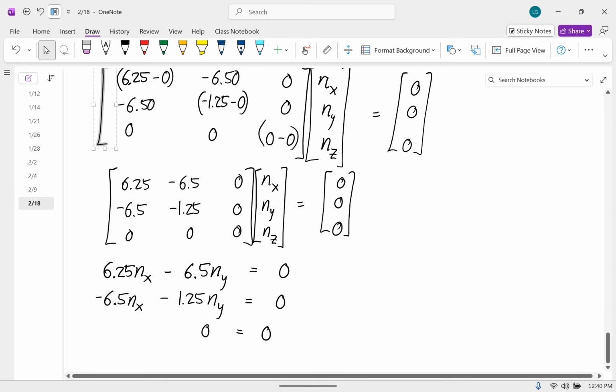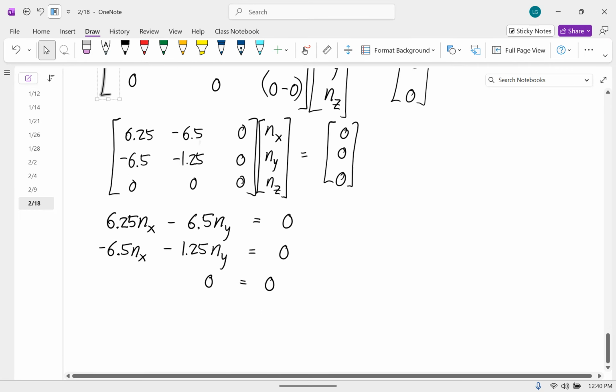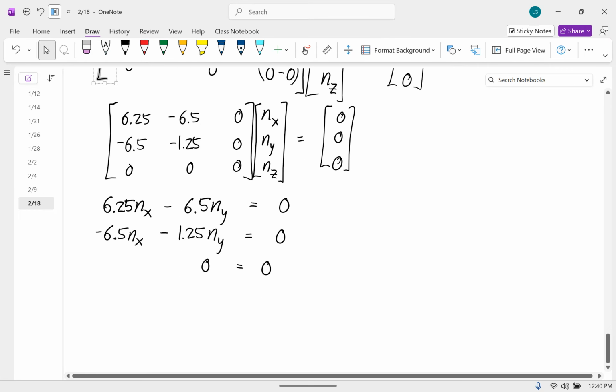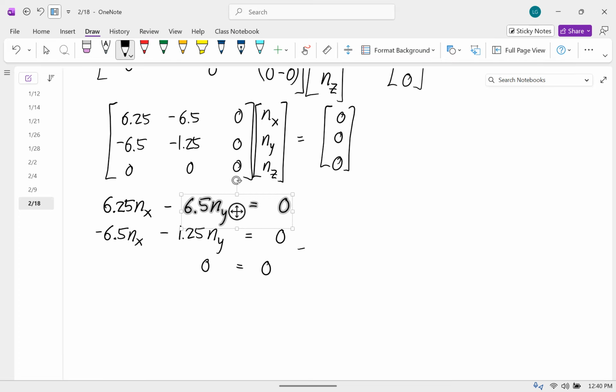So what do these tell us? So these two tell us that nx is equal to 1.04 ny. And the second one says nx is equal to negative 0.192 ny.